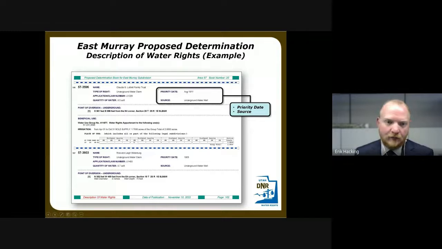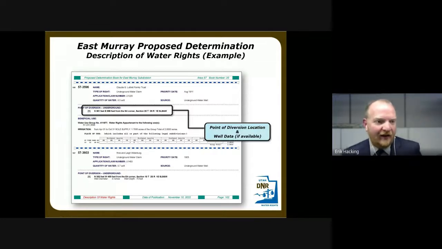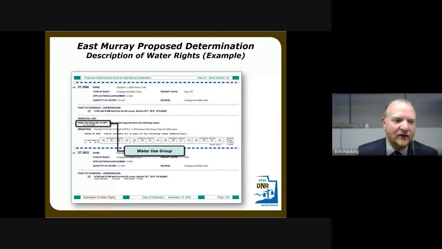All right, here we have the point of diversion location given via the public land survey system and township and ranges. And also there would be well data here if any is available. For this one, there is not. All right, next we have a water use group.